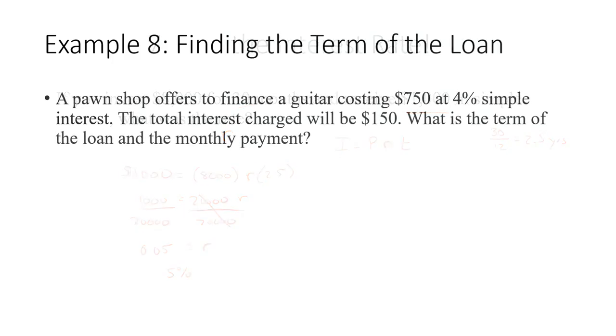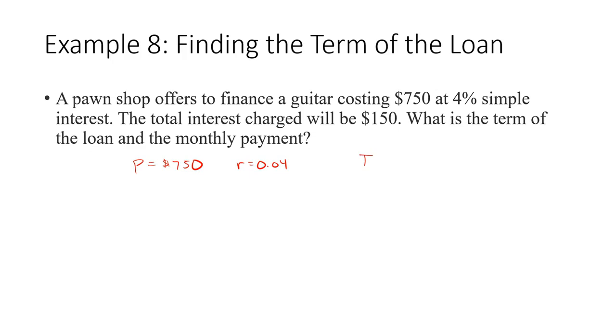The pawn shop offers to finance a guitar that costs $750 at 4% simple interest. The total interest that's charged is $150. What's the term of the loan, and what would be the monthly payment? So again, just another thing that we can find, the term of the loan. If we know that the guitar costs $750, then that's how much we want to borrow. That's our principal. The interest rate is 0.04.